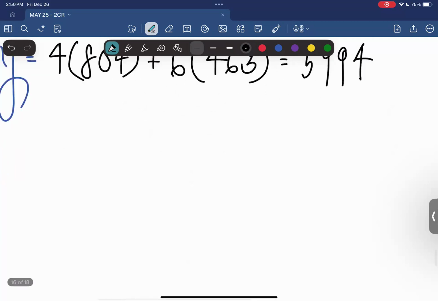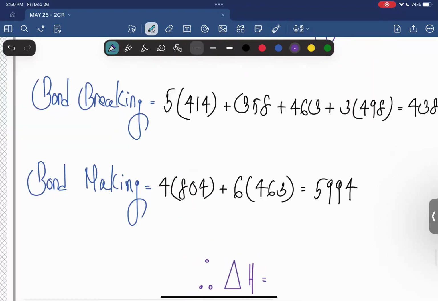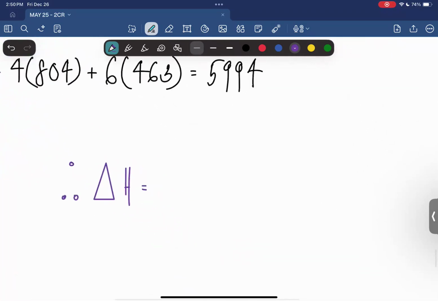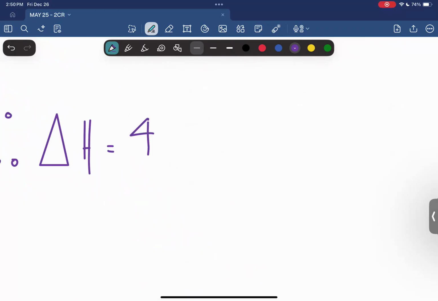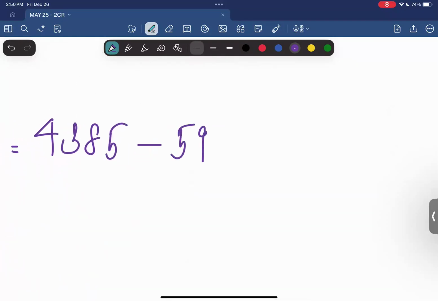Therefore, delta H is bond breaking minus bond making. Bond breaking is 4385, minus bond making, which is 5994.